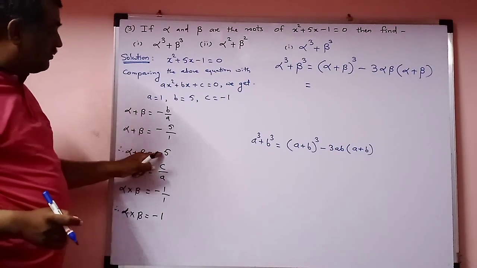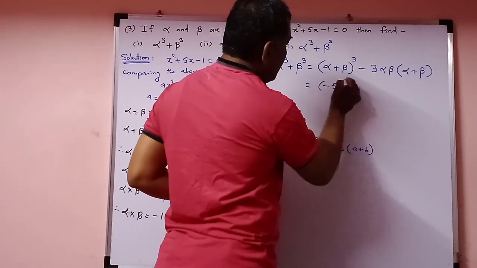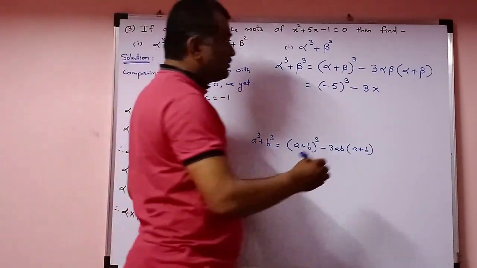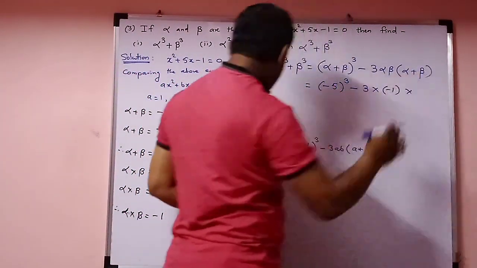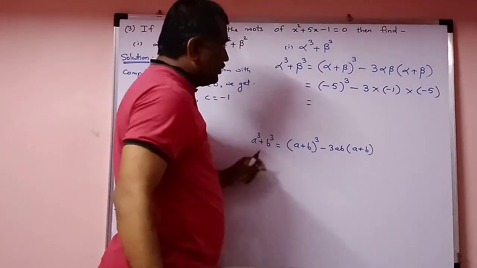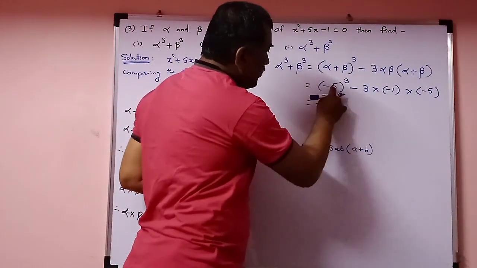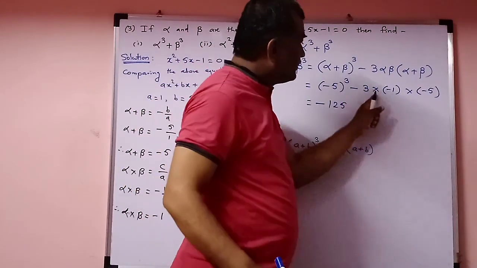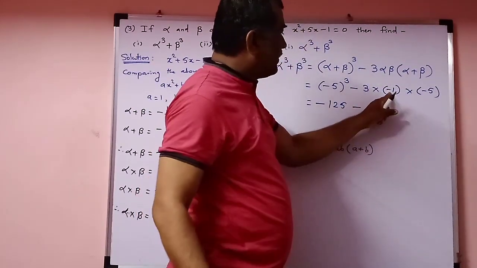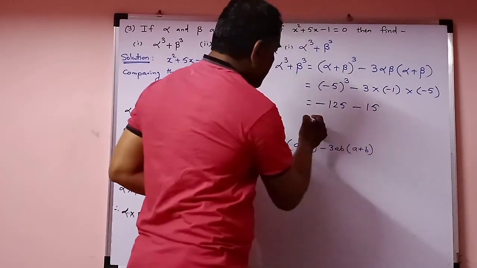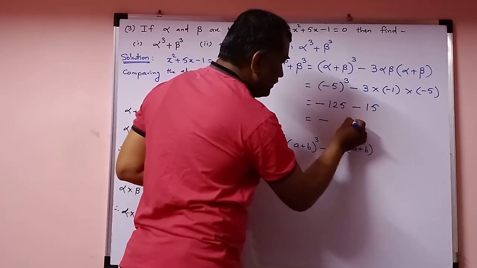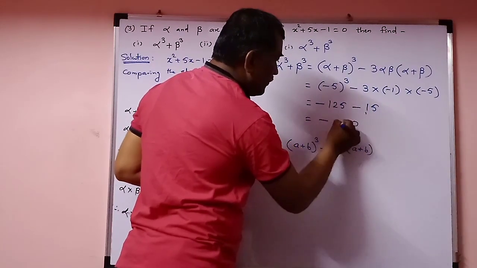Alpha plus beta is equal to minus 5 bracket cube minus 3 into alpha into beta minus 1 into alpha plus beta minus 5 is equal to, the cube of a negative number is negative, the cube of 5 is 125, minus into plus, minus into minus, plus, plus into minus, minus, 5 ones are 5, 5 threes are 15, minus 125 minus 15, addition of these two numbers 5 and 5 10, carry over 1, 1 and 1 2, 2 and 2 4, 1.